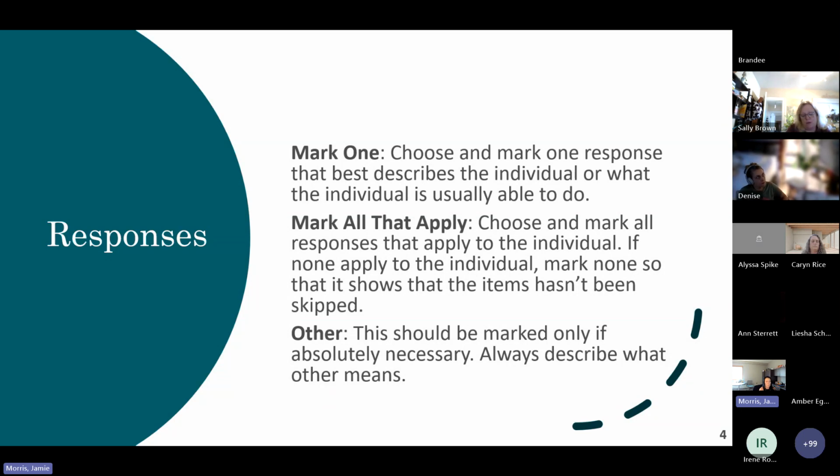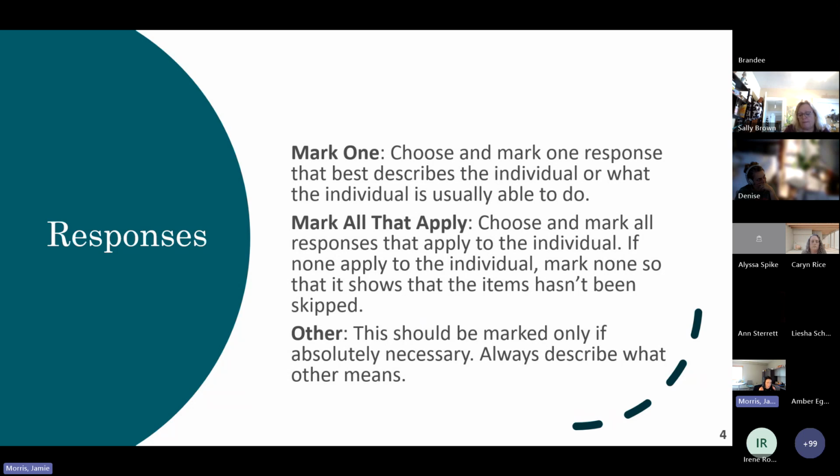So we're talking most of the time. If we can't say all of the time, you would choose the answer that best describes them, if it's a mark 1 answer. Now, there are times when you're going to be asked to mark all that apply for that individual, and it is clearly spelled out next to the question during the ICAP.